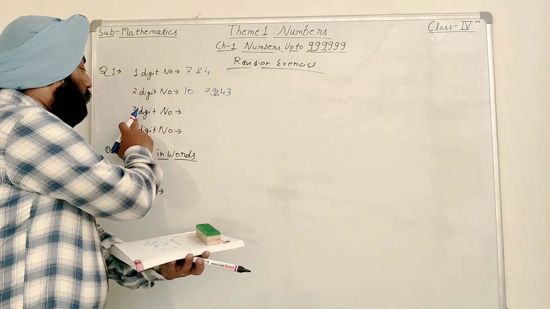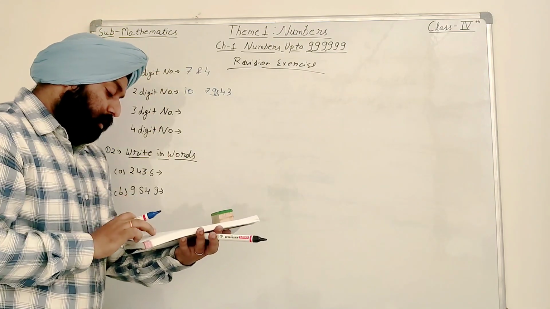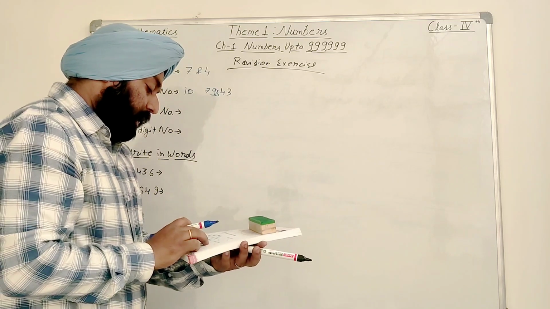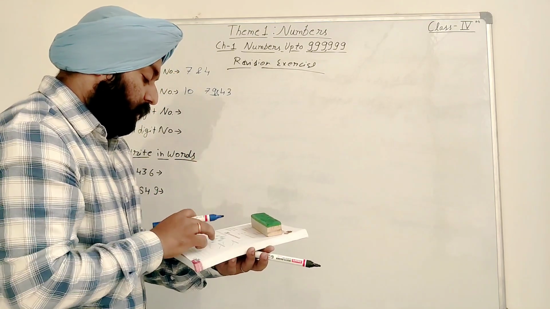Then we have to find out 3-digit numbers, that are 111, 589 and 236.